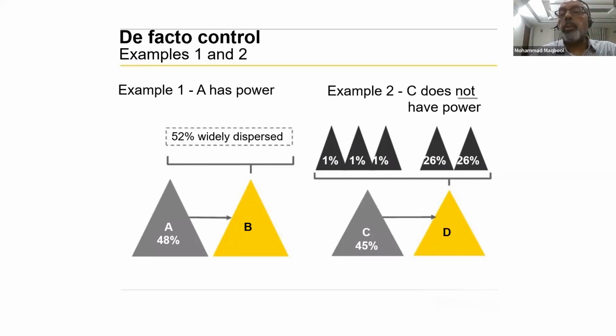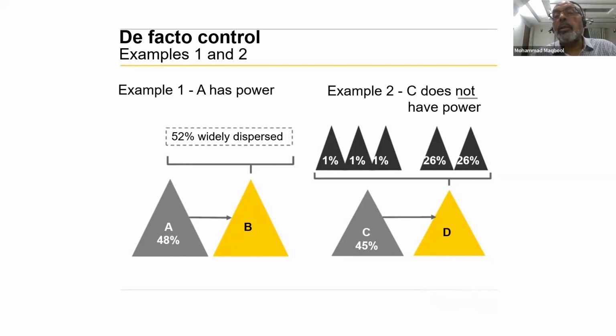Some parties have 1%, some 3%, some 5%, some 9%, and maybe 40 investors altogether hold 52%. So even with 48% in this case, A has the power, because for these 40 to come together, pull up 52% and decide is next to impossible.